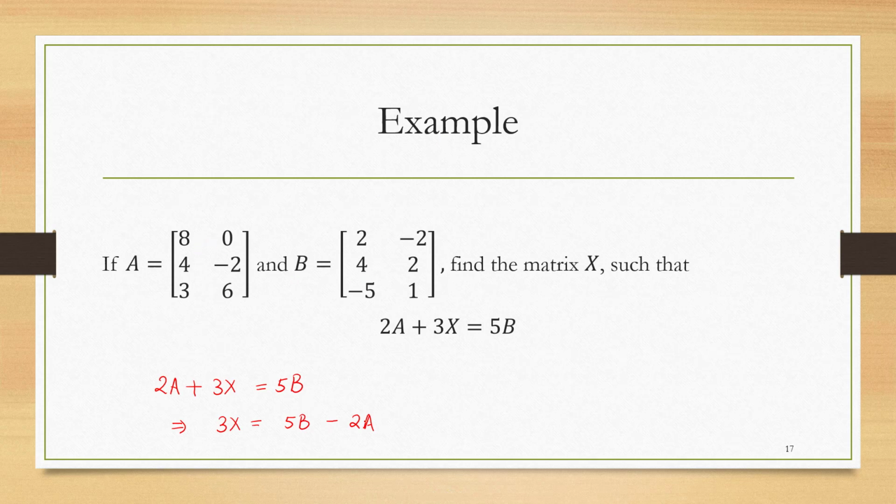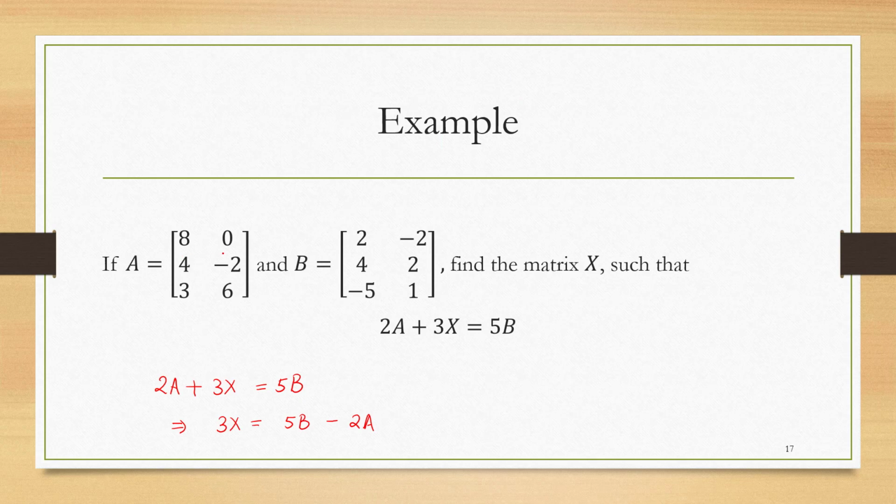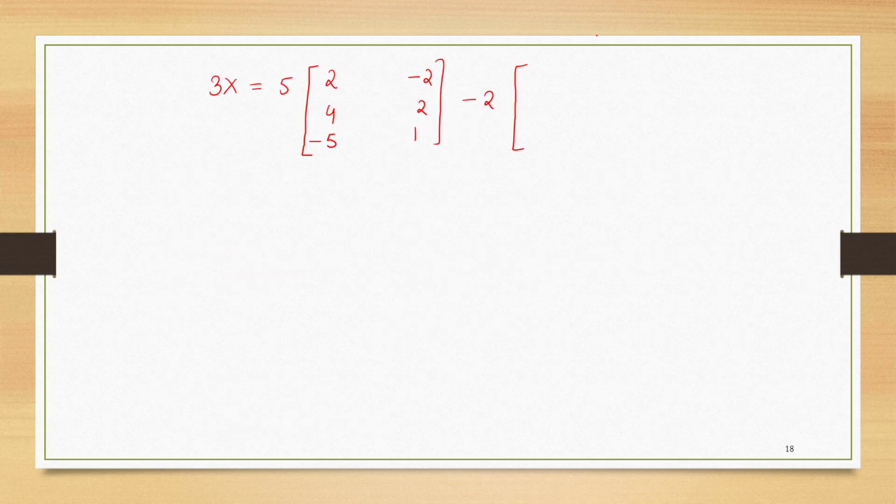And minus 2A, that is minus 2 times A. A is 8, 0, 4, minus 2, 3, 6. Fine. So we have to find the value of this X.